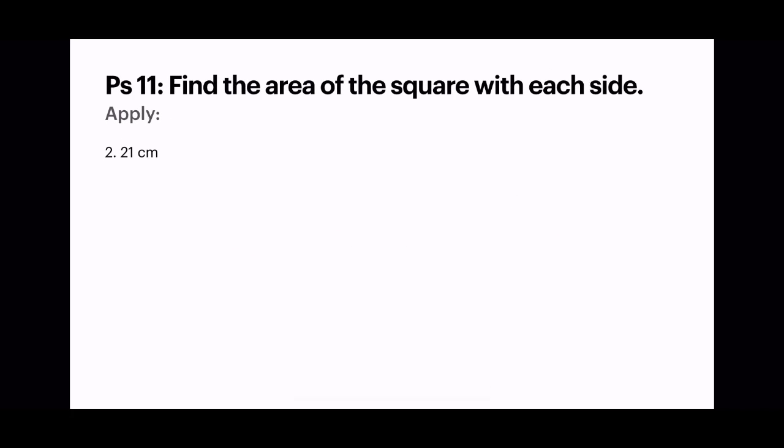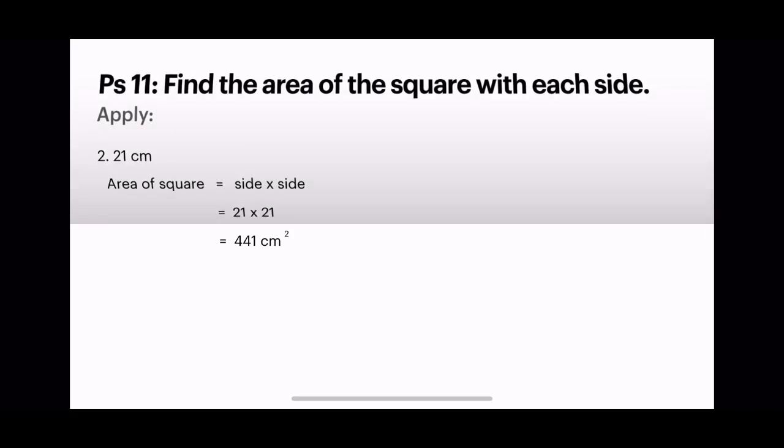Find the area of a square with each side. In the apply part, let us see the second sum, which is 21 centimeters. So area of the square is side into side, which is 21 into 21, and so it is 441 centimeters squared.